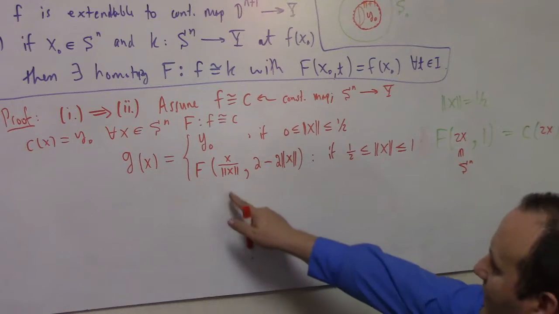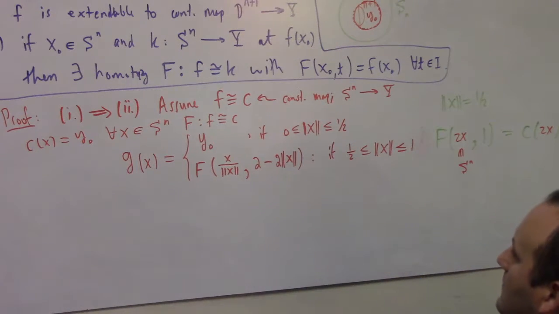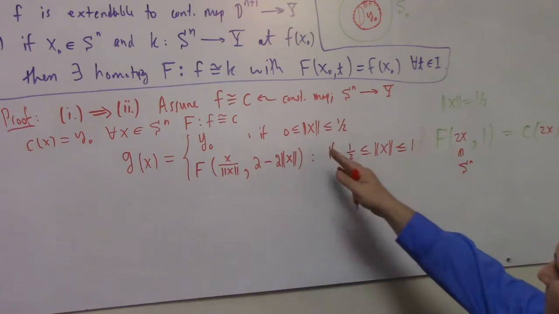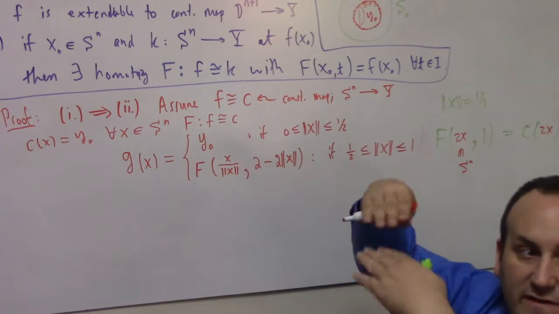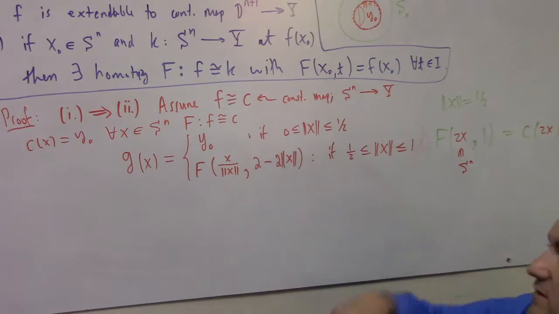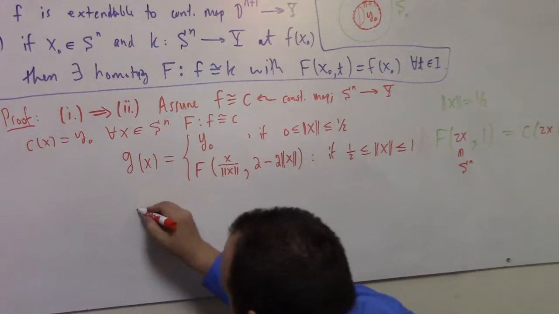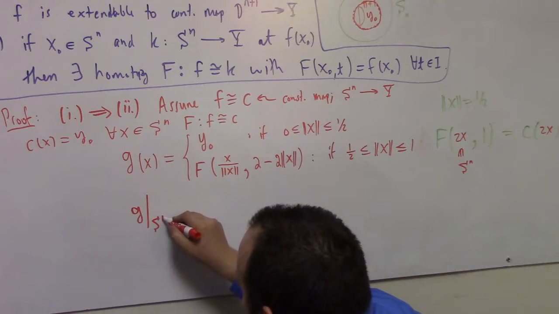This is actually a well-defined map. Otherwise, we'd be in trouble. Anyway, the point is, when you look at the norm of x equal to a half, we get y_0 here. Of course, in the other case, we have y_0, so they match where they're glued together. So by the gluing lemma, it's continuous. And of course, you can also see that the restriction of G to S^n, what do you get?